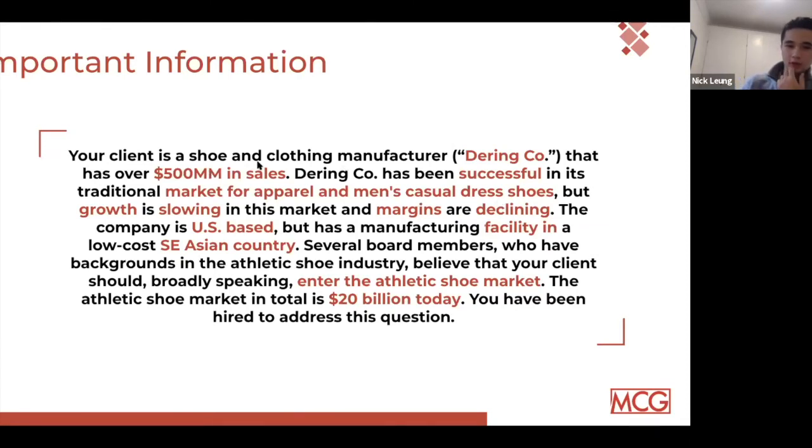So, right, like the $500 million in sales, the market size of the athletic shoe market, that's something that is important. And then lastly, right, the ask, what they want you to help them solve, which is how should they enter the shoe market? Like, should they and how should they, right?